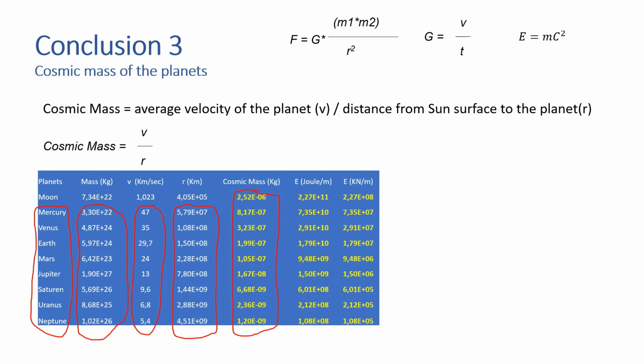When we use the mass equivalent equation of Einstein, we can also calculate the energy needed to move the planets in an orbit around the sun, and these are the numbers in joule per meter, and also in kilonewton per meter, which is again a huge amount of the force that the sun uses to keep all the planets in their orbit.